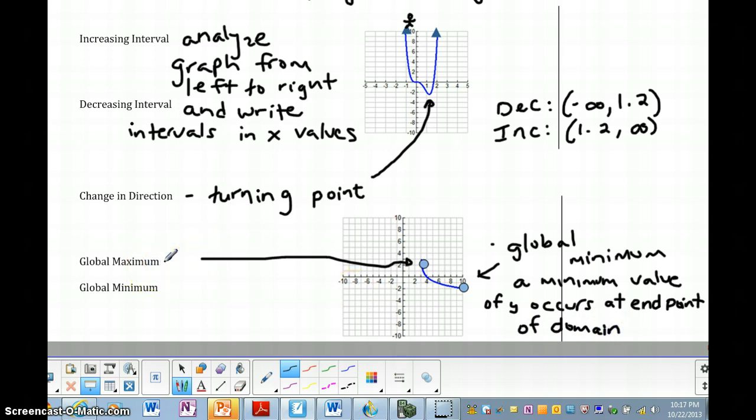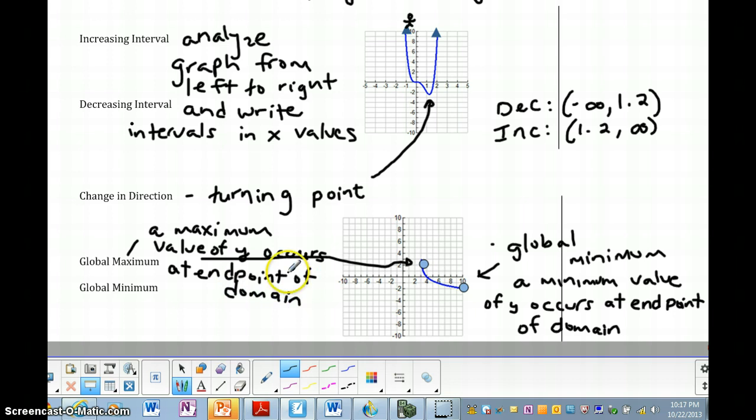That's going to be a maximum value of y that occurs at the endpoint of the domain. Okay, so this word looks a little off there. Let me fix that. That's an occurs there.